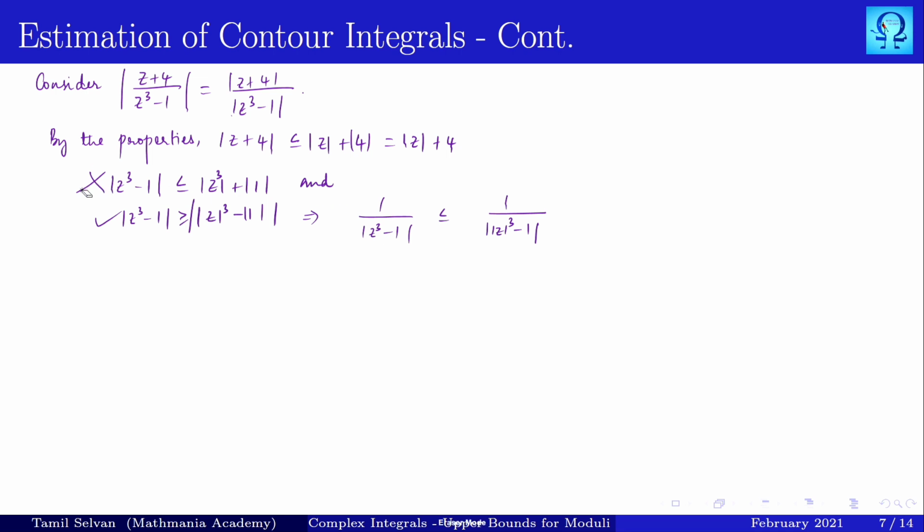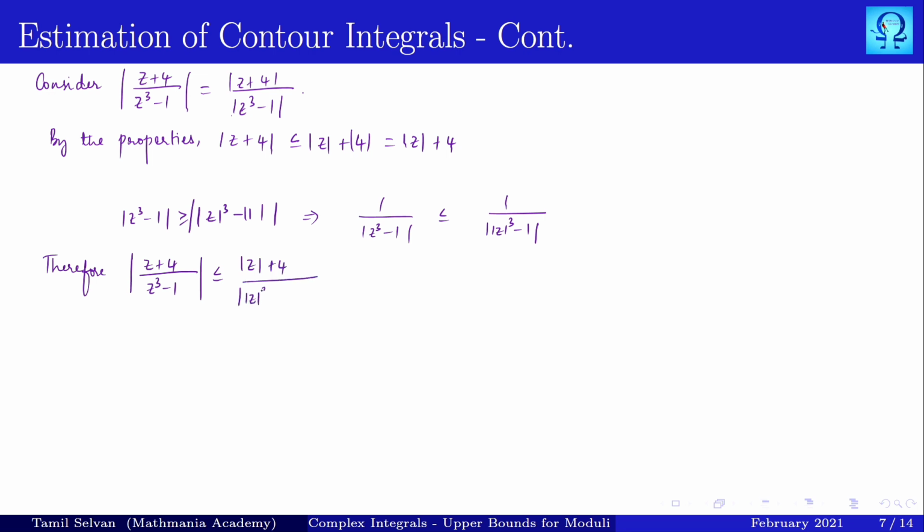That is why I am considering this inequality. So with all these, what we get is absolute of z plus 4 upon z cube minus 1 is smaller than or equal to absolute of z plus 4 upon absolute z cube minus 1.